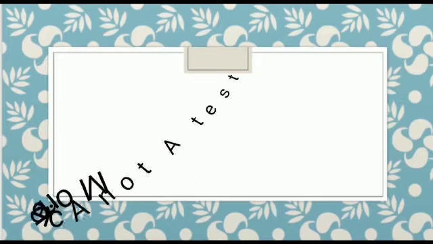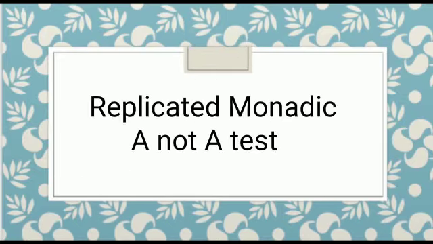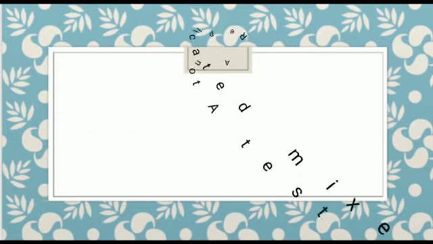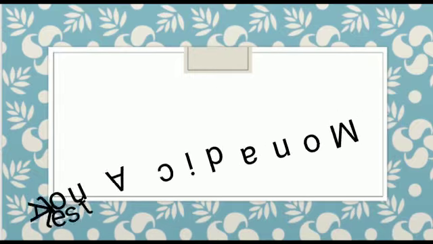This also has some types like monadic A not A test, paired A not A test, replicated monadic A not A test, and replicated mixed A not A test. First, let us see about the monadic A not A test. In this test, all the steps will be done as per the standard A not A test.